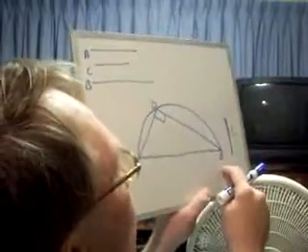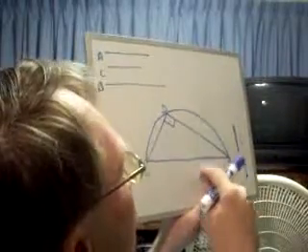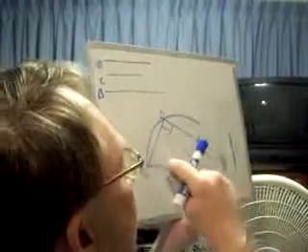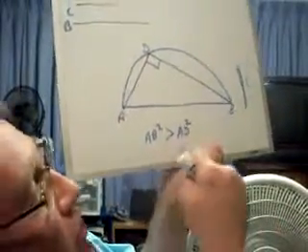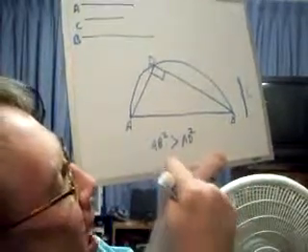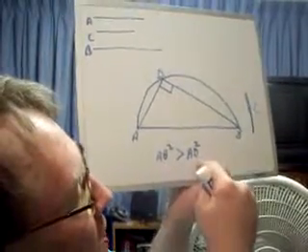So, if we were to have AB squared, it would be greater than the square of AD. Does that make it a little easier for you? AB squared is greater than AD squared. But how much greater is AB squared than AD squared?